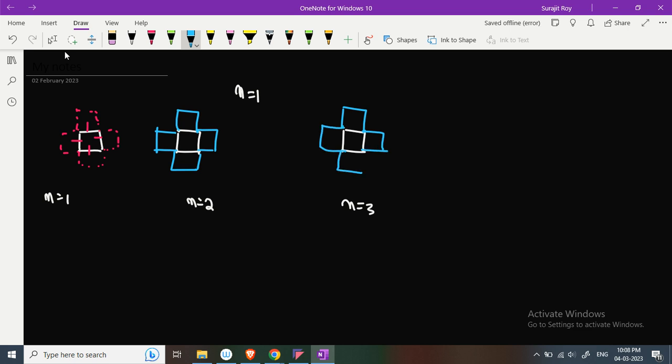Now what are the adjacents? We have to add squares for the adjacents. This is one adjacent, this is another adjacent, it covers two sides. This is another adjacent, and this is another adjacent.